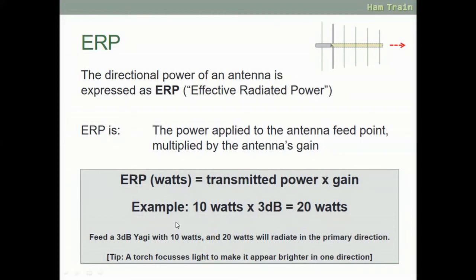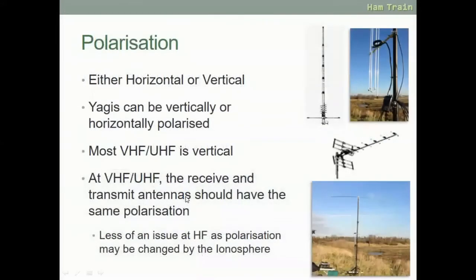The other thing you do have to take into account at this point is the losses within your coax. So you may have your radio set to 10 watts. That doesn't necessarily mean you're going to have 10 watts at the feed point of your antenna. So you would need to measure it at the antenna point so you know how much power is getting into the antenna.